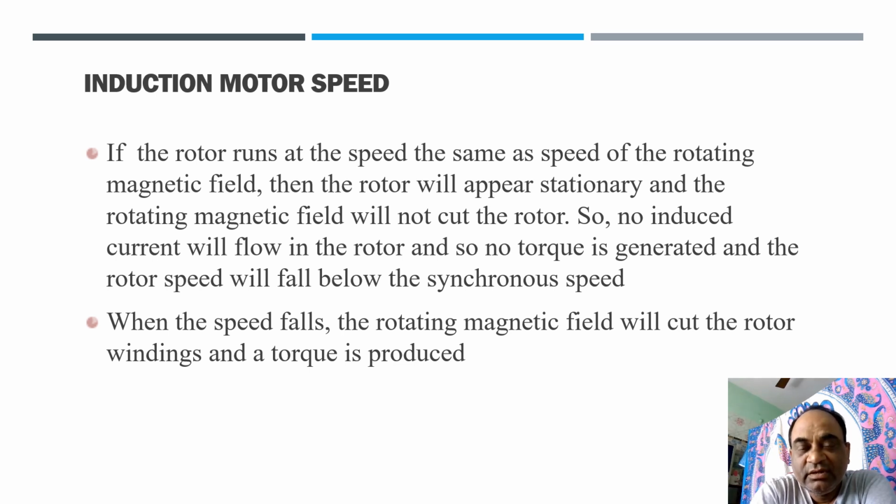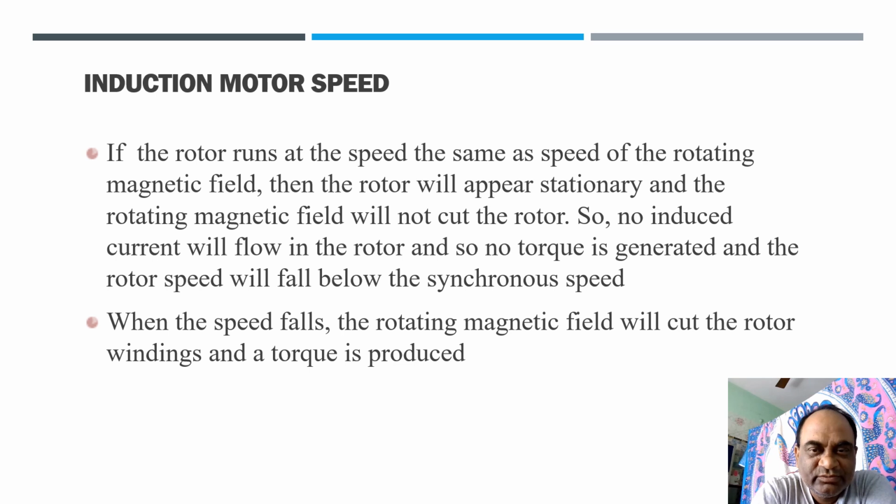That situation is not possible, because for the conversion from electrical to mechanical power, some EMF must be there in the rotor circuit. So no induced current will flow in the rotor, and no torque will be generated.